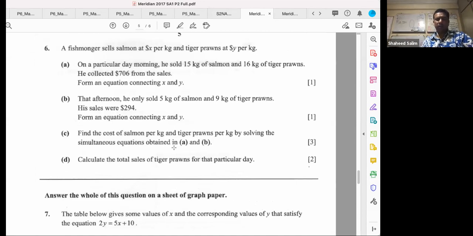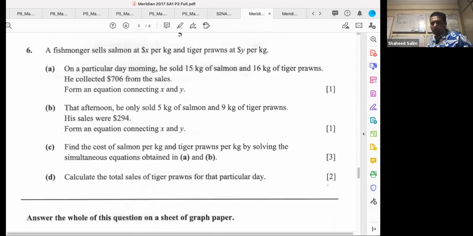This one. Let me try something. Try to understand the question first.